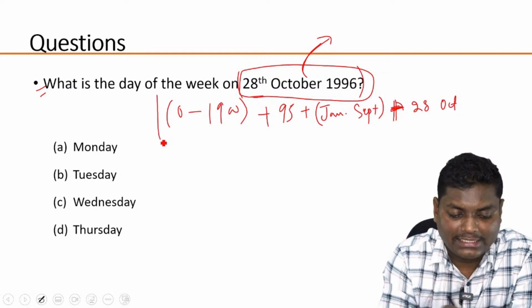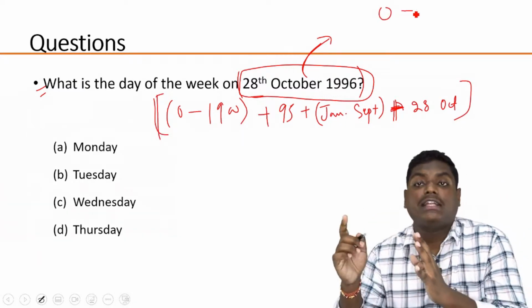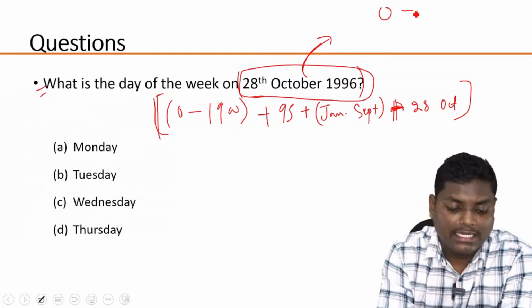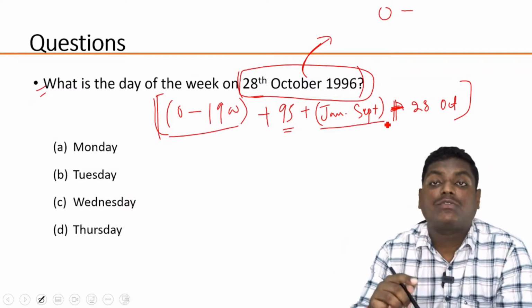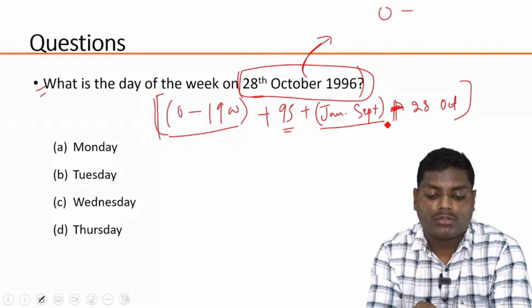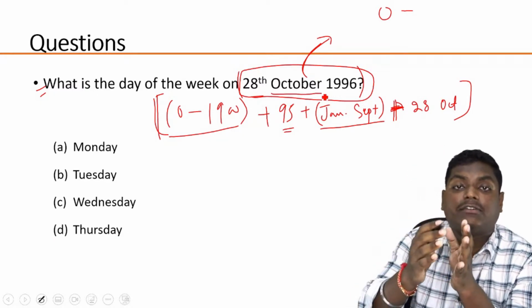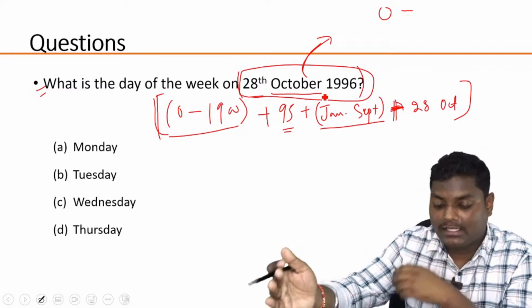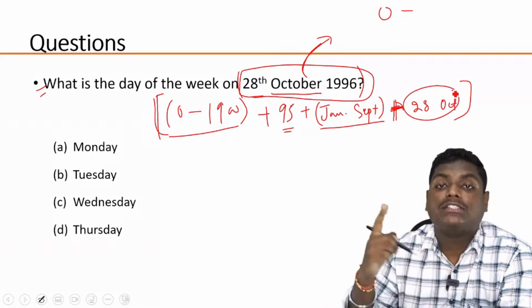This is how we can write this date. So starting from 0, we are trying to see 0 to 1900 plus 95 years plus January to September, since we just remove 1 month. We need to consider till October, from January to September, then the month October will come. And then the 26 days of October.